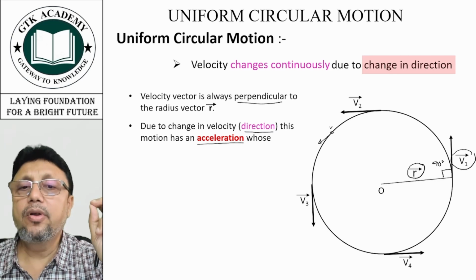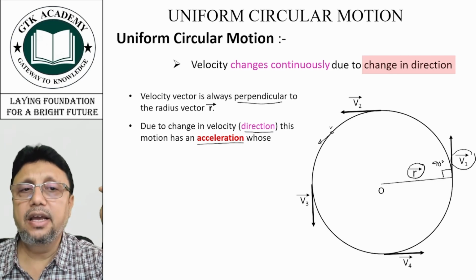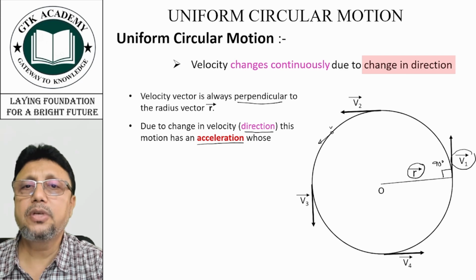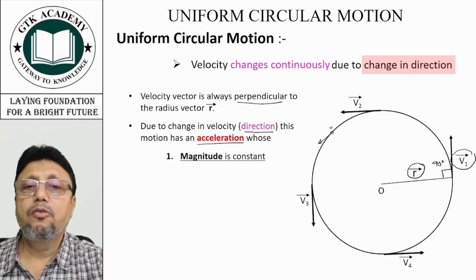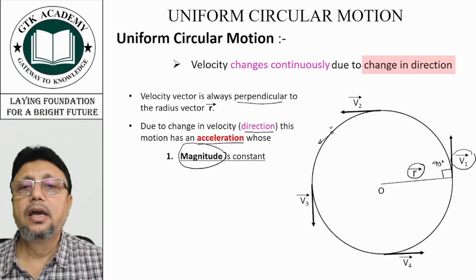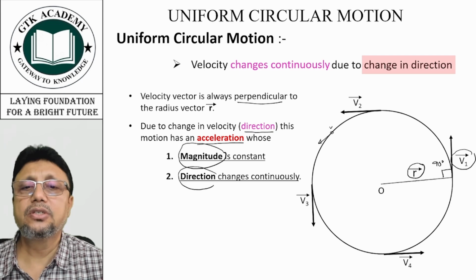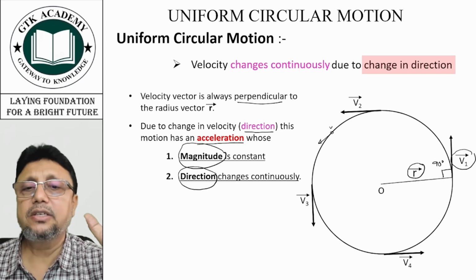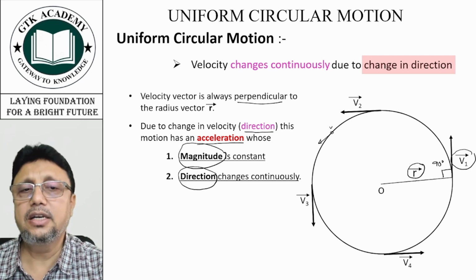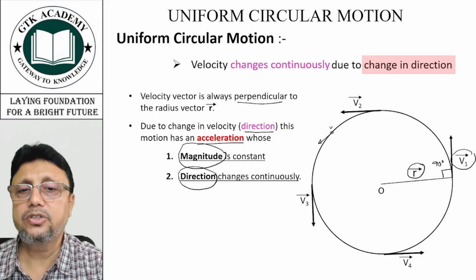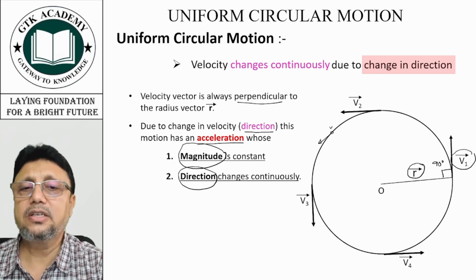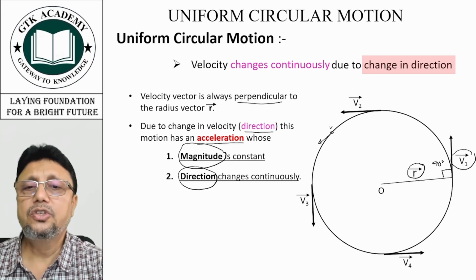And what are the peculiarities of acceleration in this case of uniform circular motion? The magnitude of that acceleration is constant. This is the first thing to be noted. And the other thing is the direction continuously changes. The direction of acceleration is also continuously changing. Since the direction of velocity is changing, the direction of acceleration also changes.